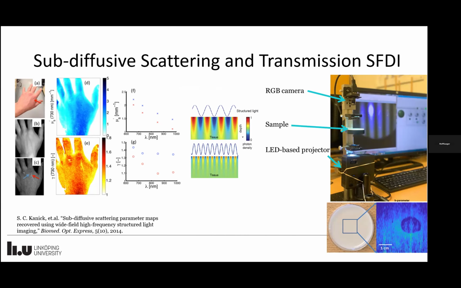Again, we've done proof of concept tests, even in tissue slices, looking at variation in morphology. This is a phantom where we had 2 different scattering particles of slightly different sizes. We made one with one size, cut a hole in the middle, and filled that with the other one, and effectively it all looks white.